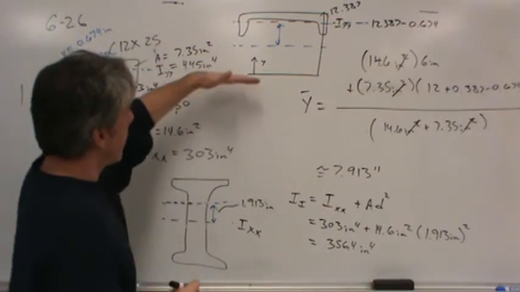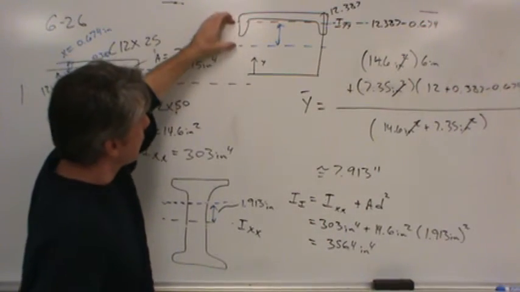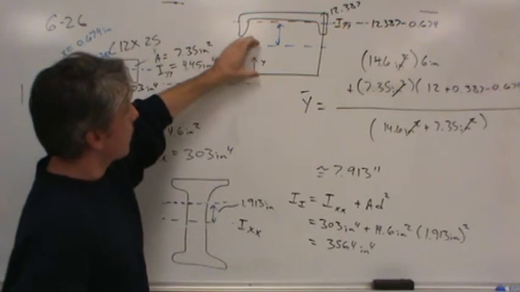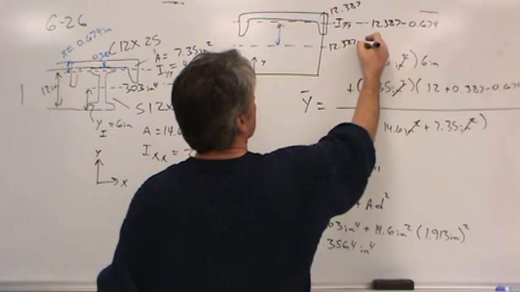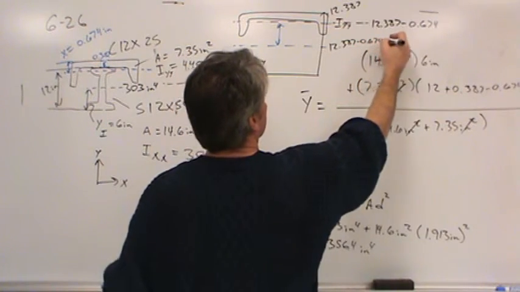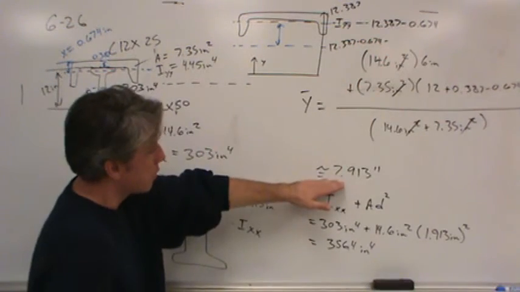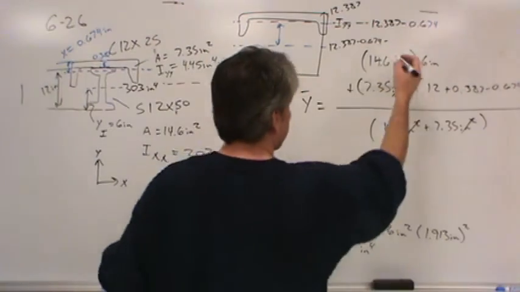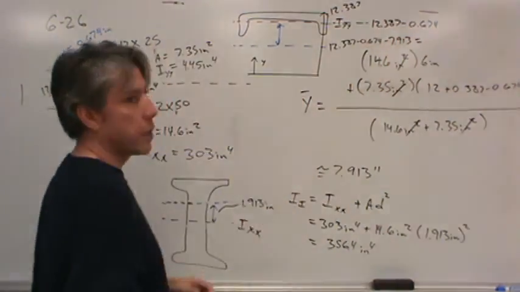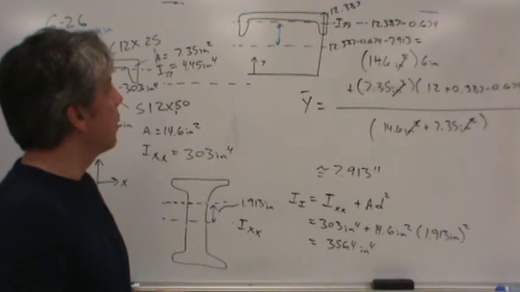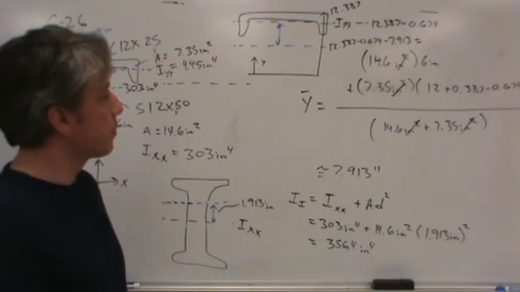Okay, so that's the height from here to here, but we want this distance, so we have to further subtract off the centroid distance, which is 7.913 from the bottom. Okay, this is the dimension we're interested in, so please plug that into your calculators, and let's see what that dimension is.